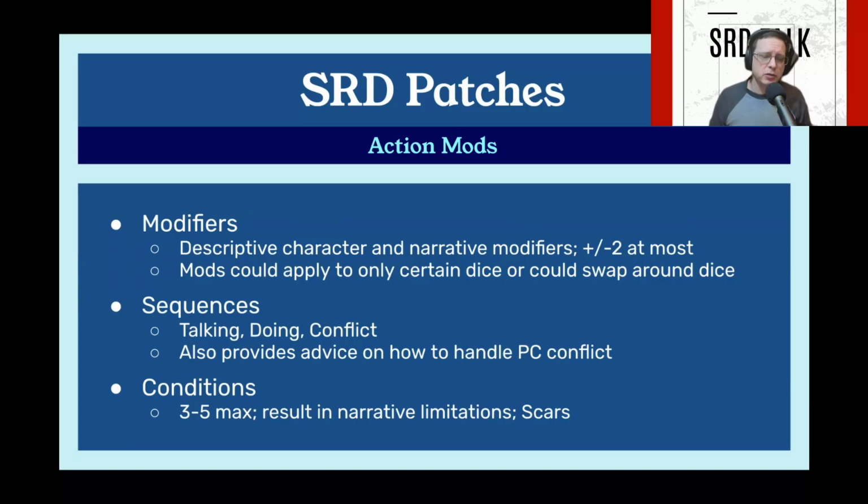And then, of course, it uses a pretty common system when it comes to whenever things happen to your characters, then they might gain conditions. And these, of course, result in narrative limitations, which means maybe your character can't do certain actions. Like, obviously, if my character has, I don't know, a broken arm, then doing gymnastics is clearly not in my future.